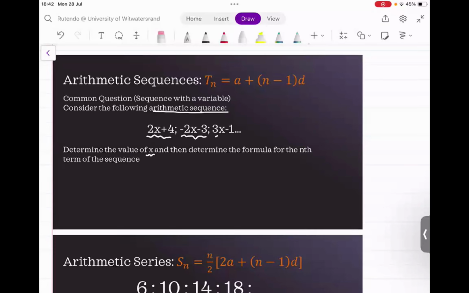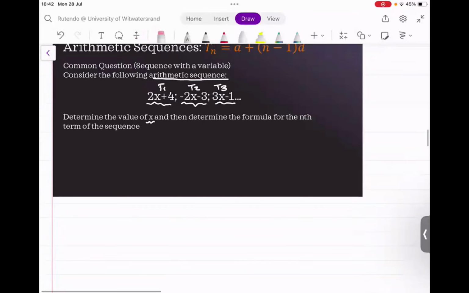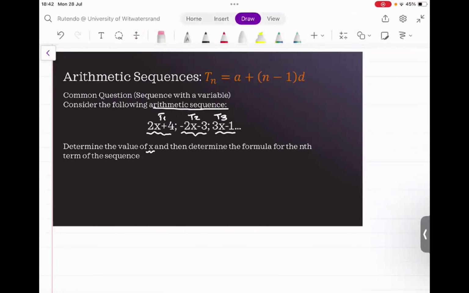So I have 3 terms. They've given me T1, T2, and T3. What do I do? Does anyone have any ideas? How do I go from letters to numbers to get to my actual values for T?